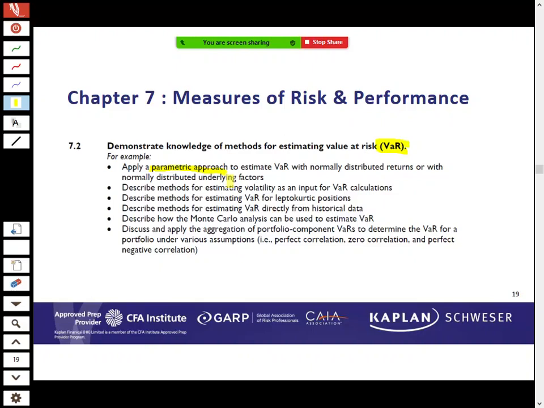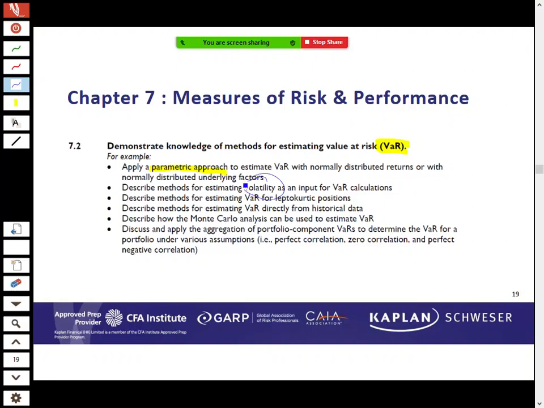In addition to understanding one concept, you need to evaluate or discuss the concept. So for the parametric approach to estimate VaR, you need to understand it, and you also need to be able to compare it to other non-parametric approaches. In calculating this approach, one of the major inputs is the volatility.